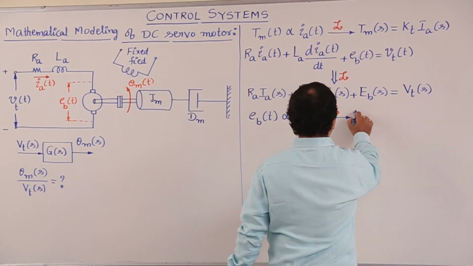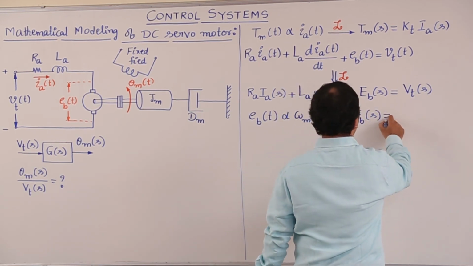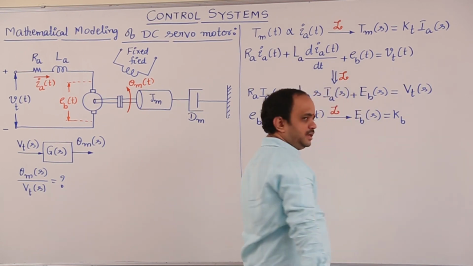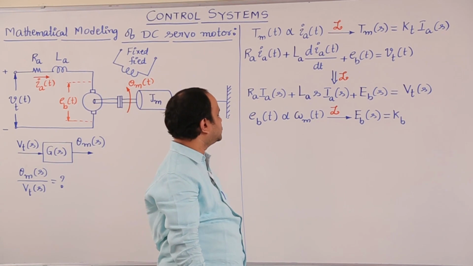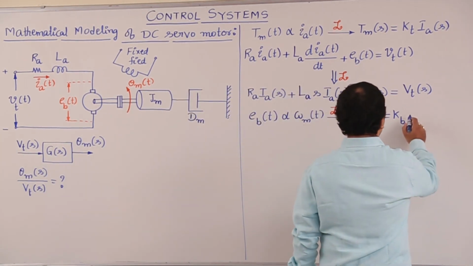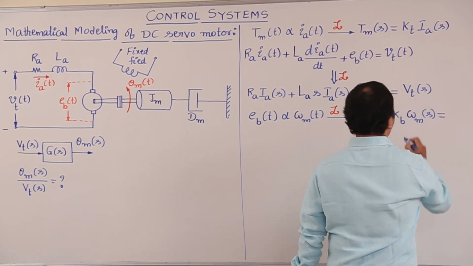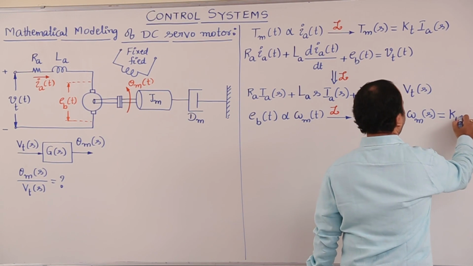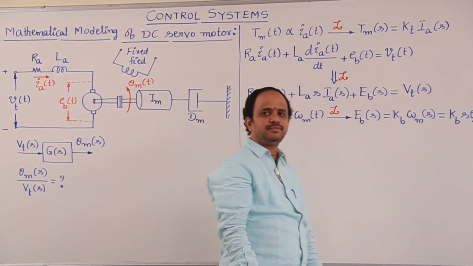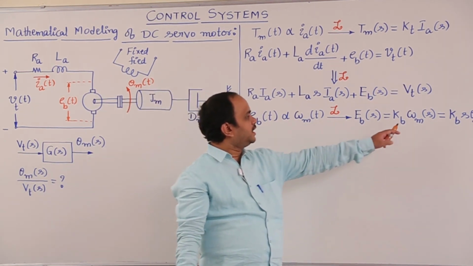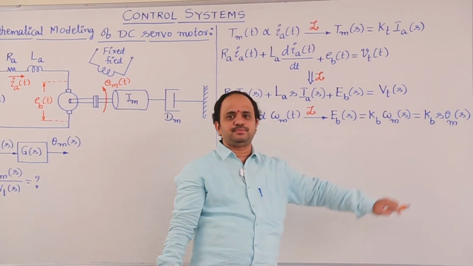So here Eb of S is equal to Kb, where Kb is a constant of proportionality or back EMF constant, multiplied with omega m of S. We can also write this as Kb into S multiplied with theta m of S, where omega is angular velocity, which is equal to the derivative of the position.